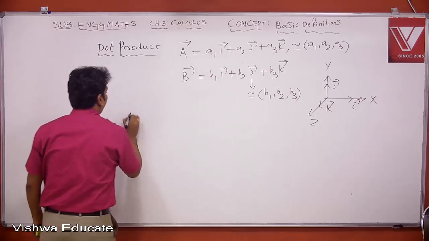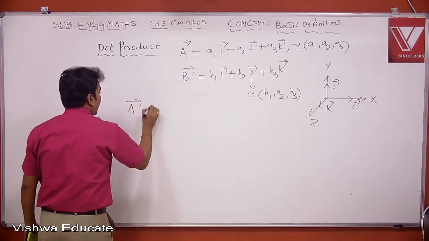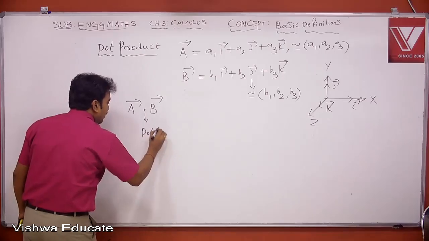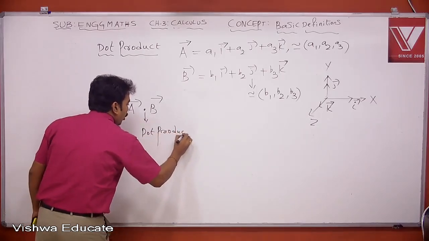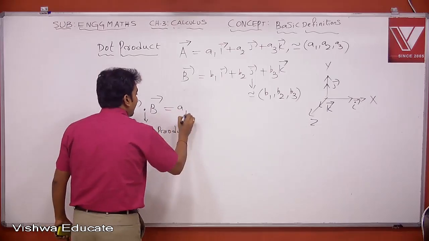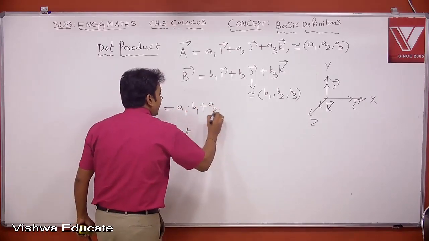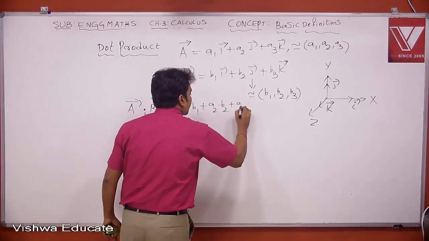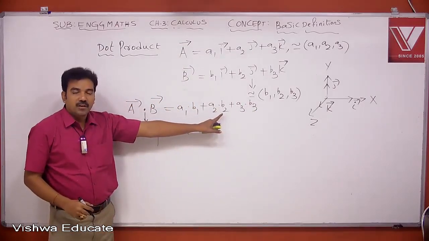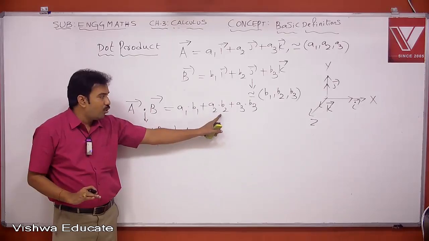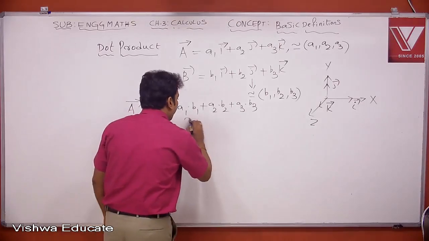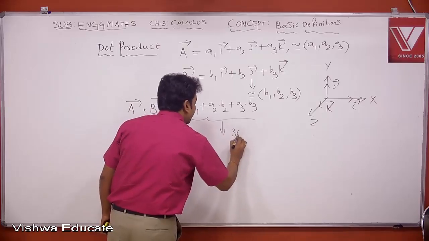The dot product of these two vectors is denoted by A bar dot B bar. The dot product of these two vectors is given by A1 times B1 plus A2 times B2 plus A3 times B3. Now when you simplify this expression, we don't have any directions: no i bar, no j bar, no k bar on the right hand side of this expression. So this is purely a scalar expression.